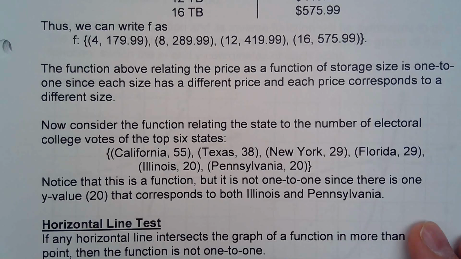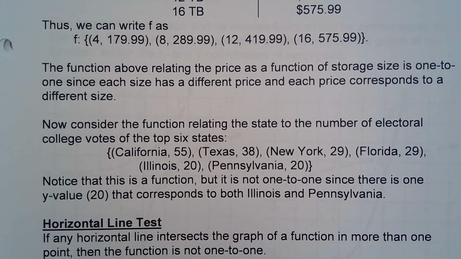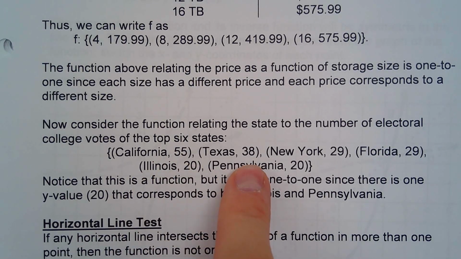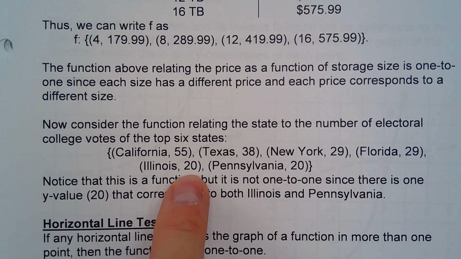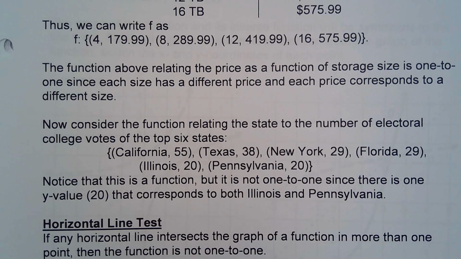Now let's consider a function relating the state to the number of electoral college votes of the top 6 states. We have California 55, Texas 38, New York 29, Florida 29, Illinois 20, Pennsylvania 20. You want to note that this is a function, but it is not one-to-one since there's one y value, 20, that corresponds to both Illinois and Pennsylvania.